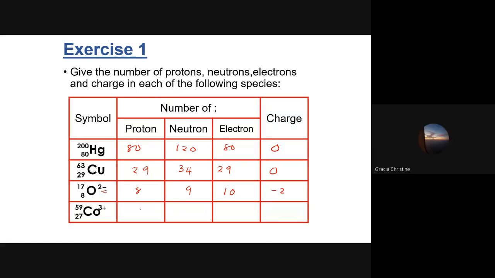This one, Co 3 plus: proton 27, neutron 59 minus 27, which is 32, and electron 27 minus 3, which is 24. The charge is positive.